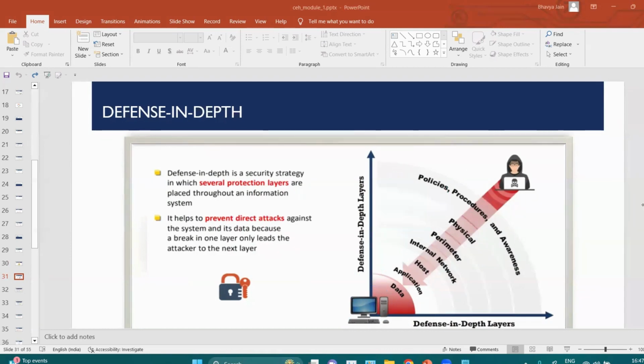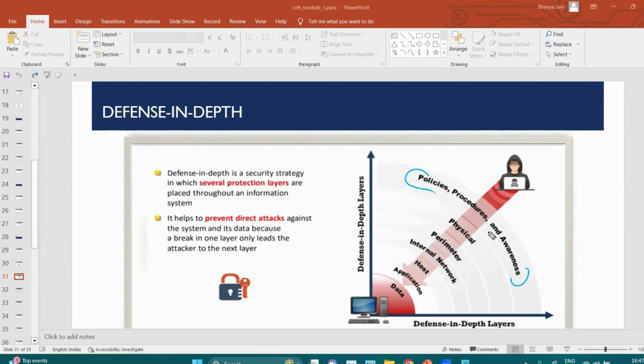For example, the first layer is policies, procedures, and awareness. You have applied the policies and the procedures, and you have given awareness training to your employees, so now your employees are aware about security and malicious hackers.